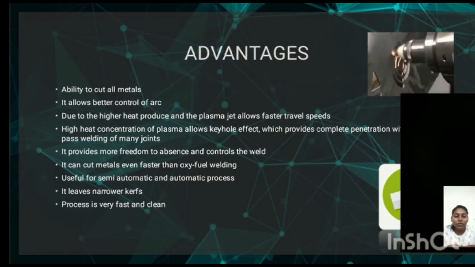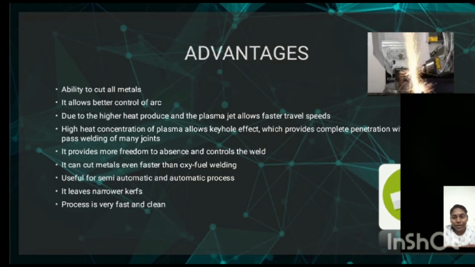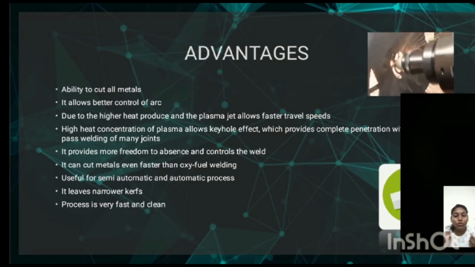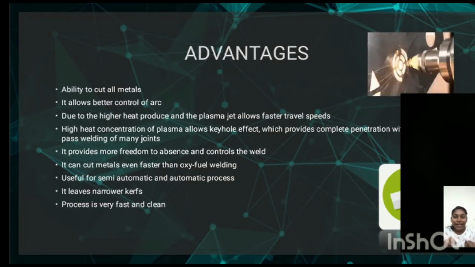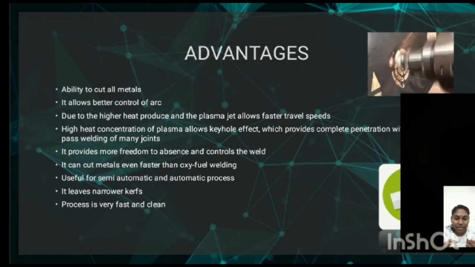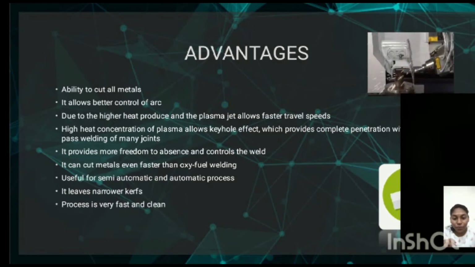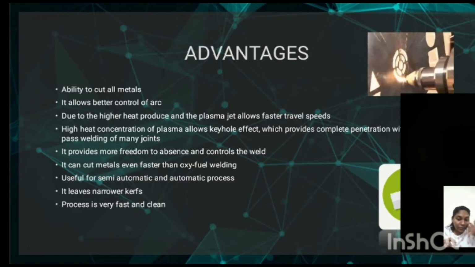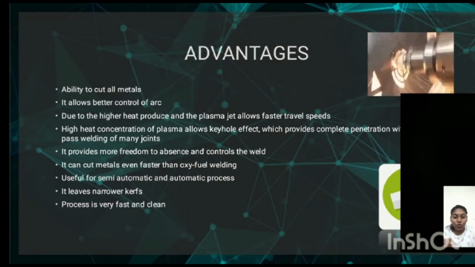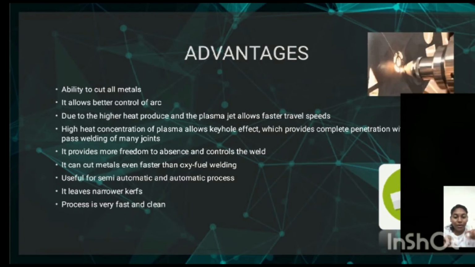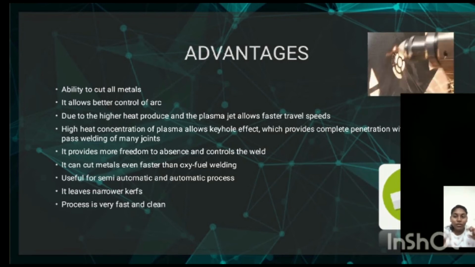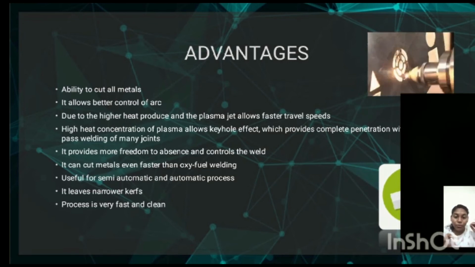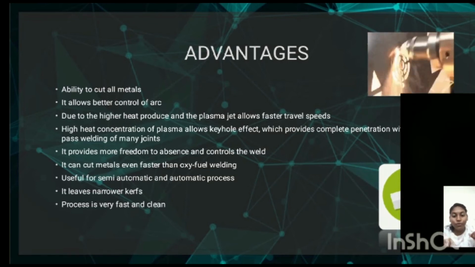Next, it provides more freedom to observe and control the weld. Next, it can cut metal even faster than oxy-fuel welding. We know that oxy-fuel welding is fast, but plasma arc welding is even faster than oxy-fuel welding.